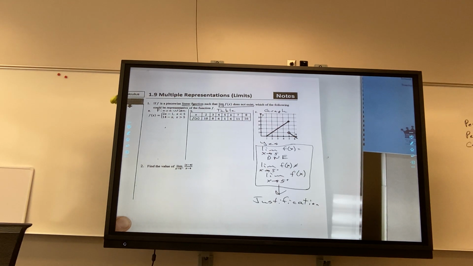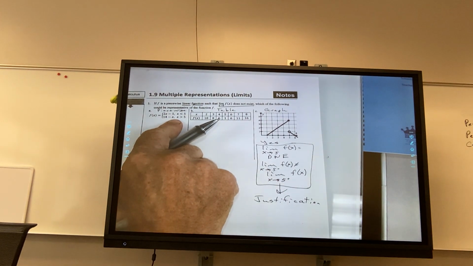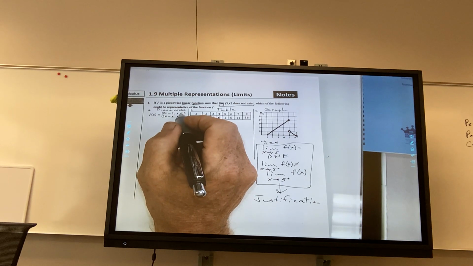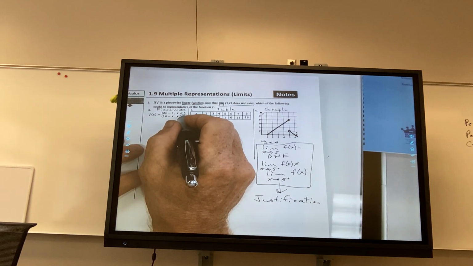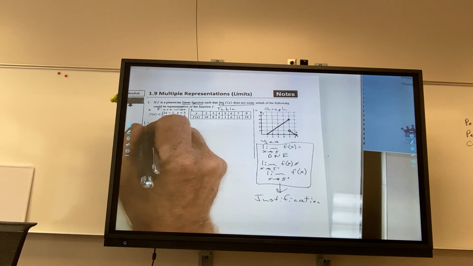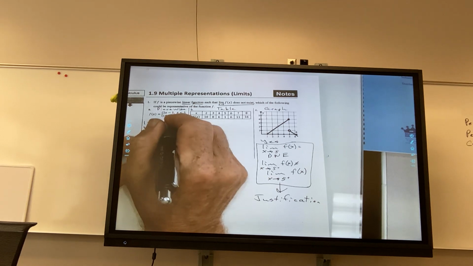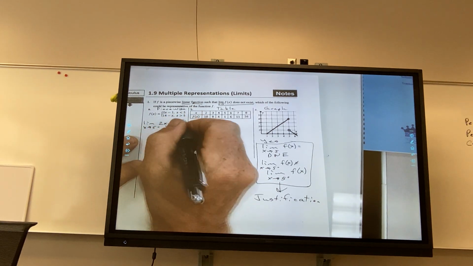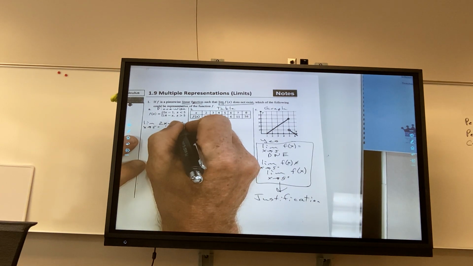All right? The next one that's easiest for me to do is this. So I can substitute 5 into both of these. Now, I know it doesn't exist, so there's a hole there, correct? So what I'm going to do is take the limit as x approaches 5 from the left. That means I'm going to use 2x minus 1, and I'm going to get, I think, 9.